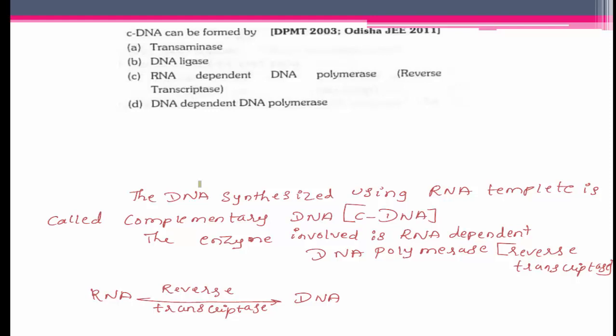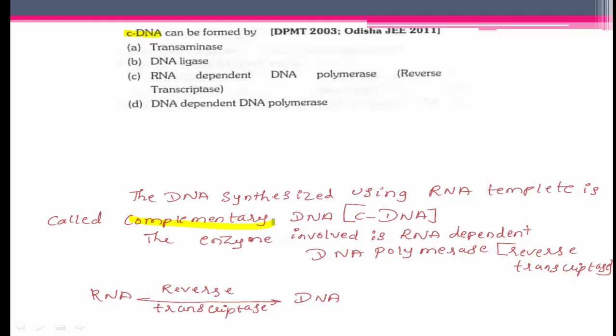It is the DNA synthesized using an RNA template, not a DNA template, and it is called complementary DNA. The small c here stands for complementary DNA.